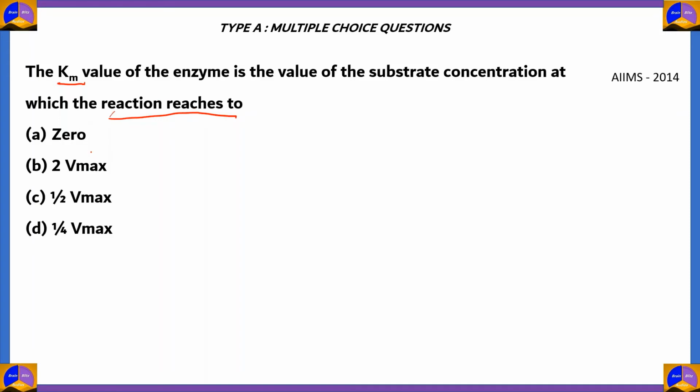So let's look at our options right now. Option A, 0. So when the substrate concentration is 0, the rate will also be 0. So what that means is that no reaction takes place.